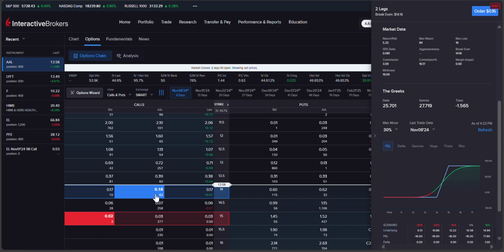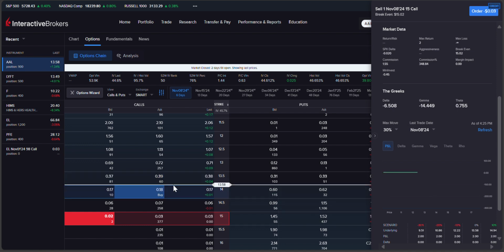Now this can be a little bit different, because, for example, you may want to get more profit out of it if the trade goes in your favor. And so, for example, you want to buy the stock cheaper, all right, at the cheaper strike price. You can do that.